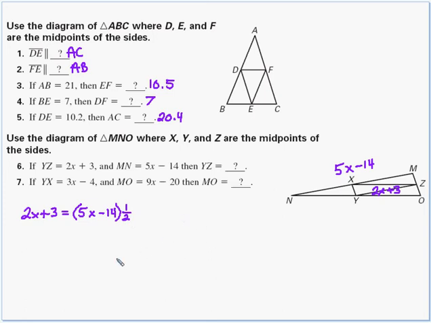Or, instead of that, we can double that mid-segment, the 2x plus 3, and set it equal to that parallel side, 5x minus 14. Solve for x.